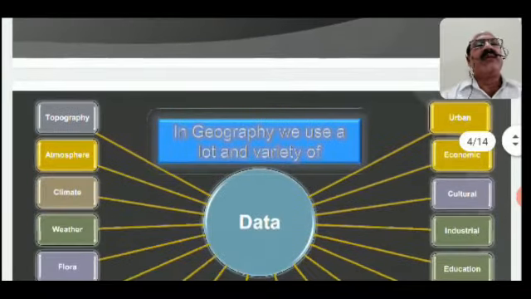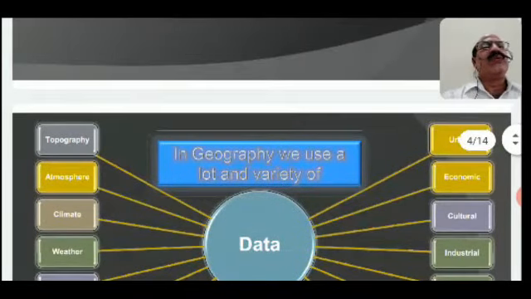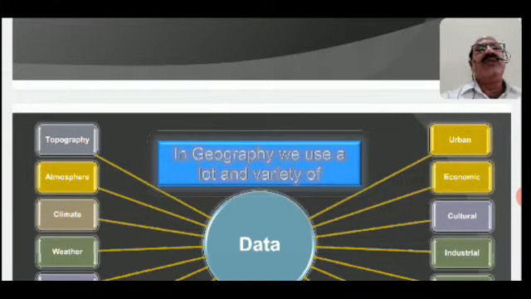In geography, we use a variety of data. You think of any aspect, we can collect data, whether it is qualitative or quantitative, as we discussed earlier.